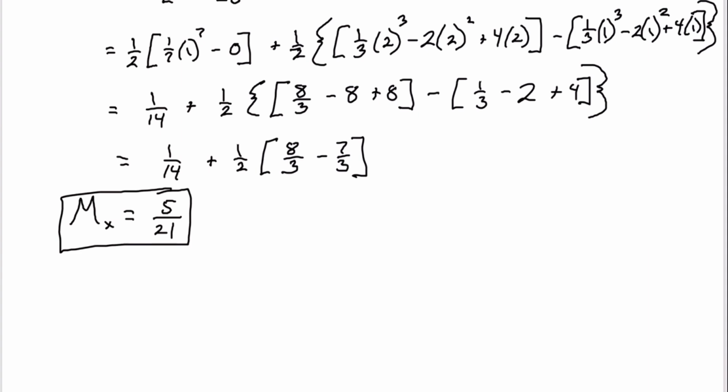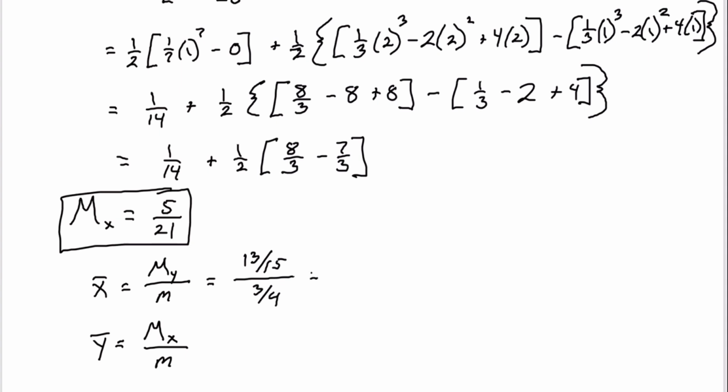Finally, we can now find x bar and y bar. Remember, x bar is m sub y divided by m, and y bar is m sub x divided by m. M sub y we found earlier, that was 13/15. M we found to be 3/4. This will give us 52 divided by 45.